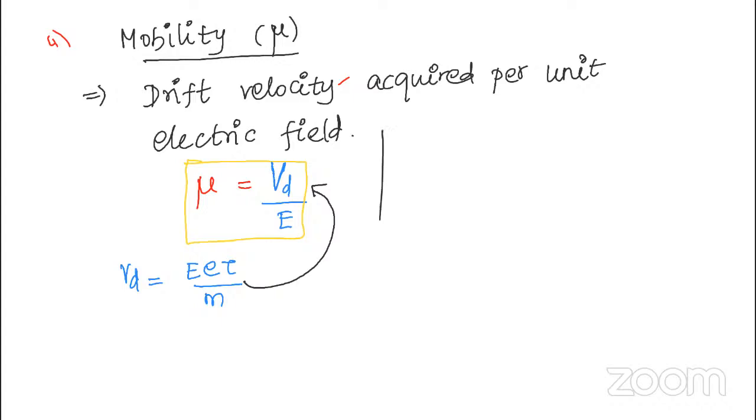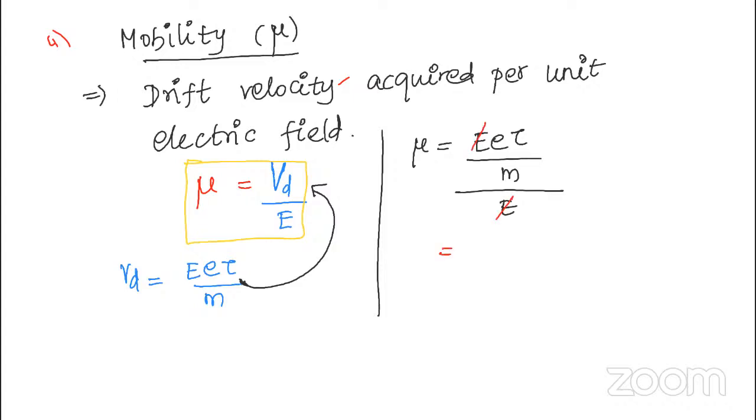So mu is equal to Vd, for which we are substituting E tau by M, divided by E. Here the E should be cancelled.